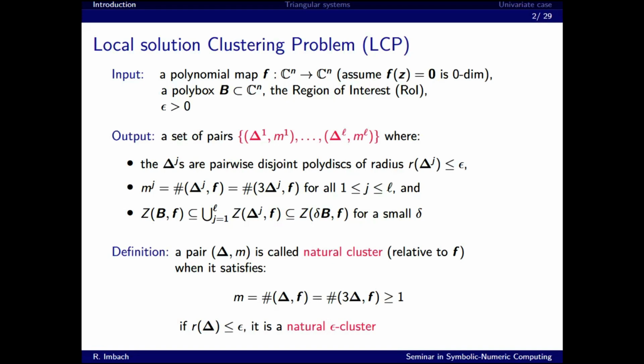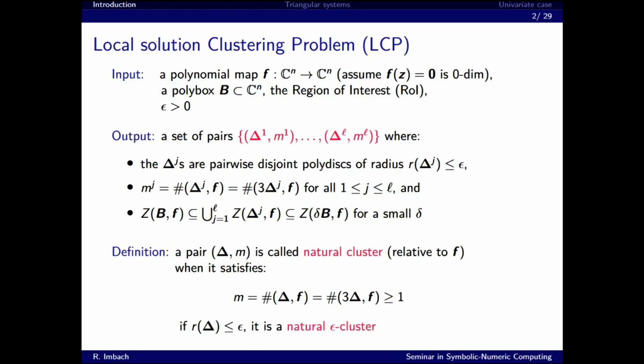If we set up this problem in the univariate case, B is a box in the complex plane, and the deltas are small complex disks that are in B, but actually they will be in a small inflation of B. Can you use the whiteboard to draw some pictures? I think people grasp it instantly.